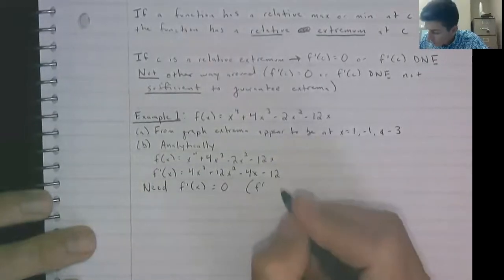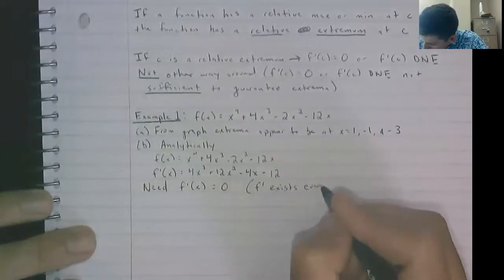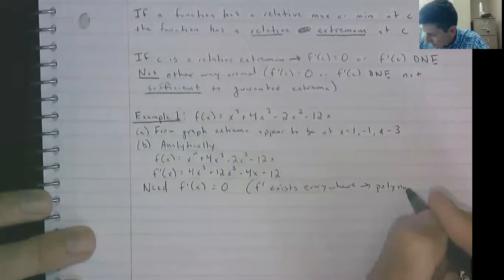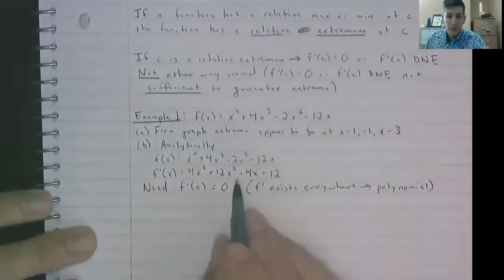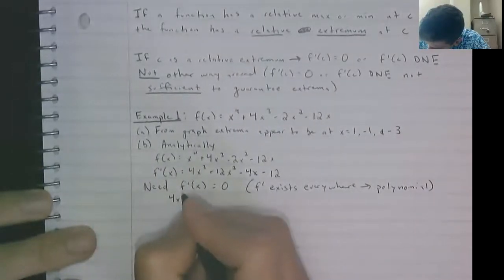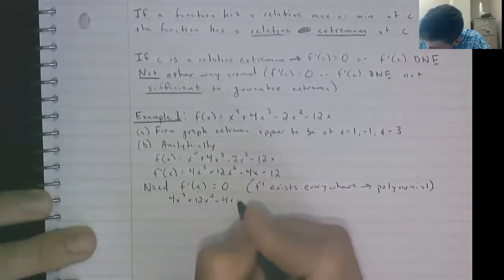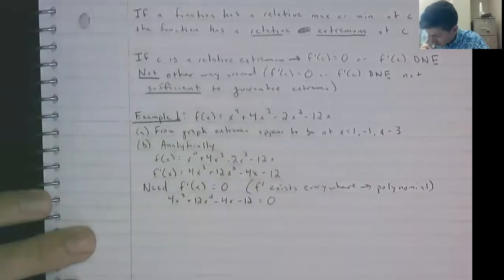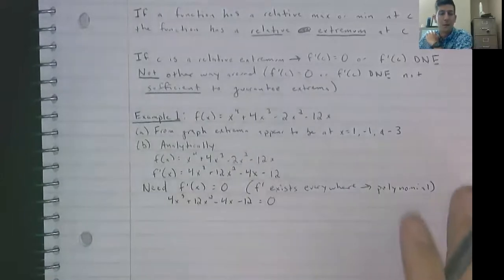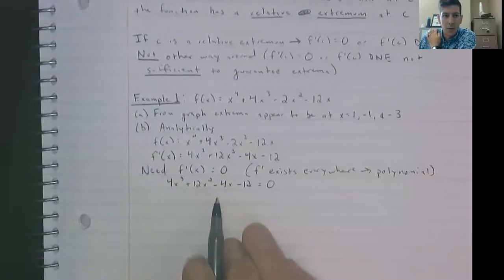And I'll note that f prime exists everywhere because it is a polynomial. So the game here is we're going to set the derivative equal to 0 and see if we can solve for x. 4x cubed plus 12x squared minus 4x minus 12 is equal to 0, which would normally be kind of gross because it's a cubic, but I think Louis Leithold set us up with a bit of a softball, and I think this is going to factor by grouping.